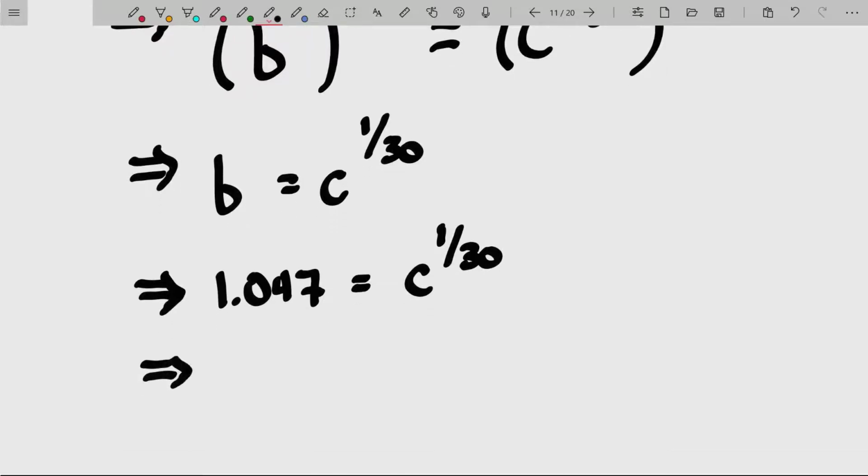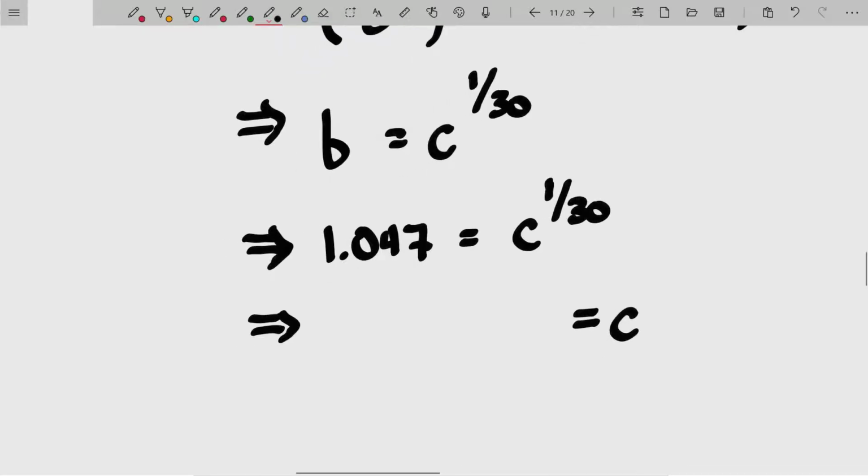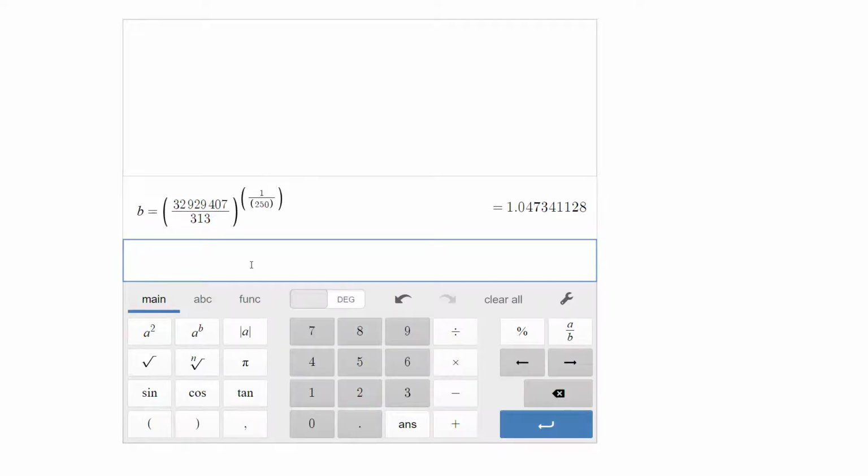Now here's where I find it very important. I'm going to raise both sides to the 30th power. Here's where I find it very, very important that you use some type of graphing technology that can save your work. And that's just because we have b over here.